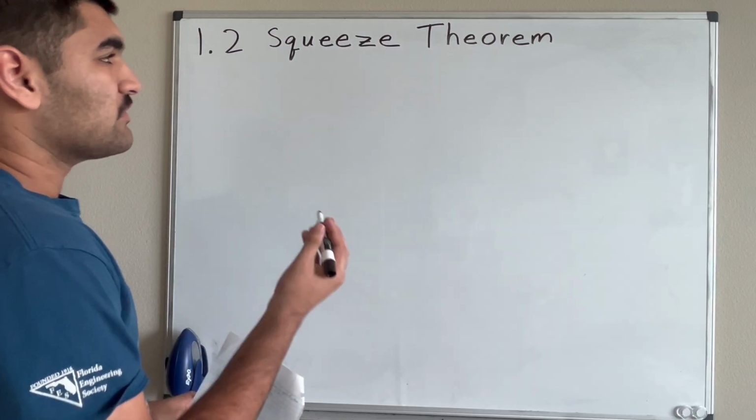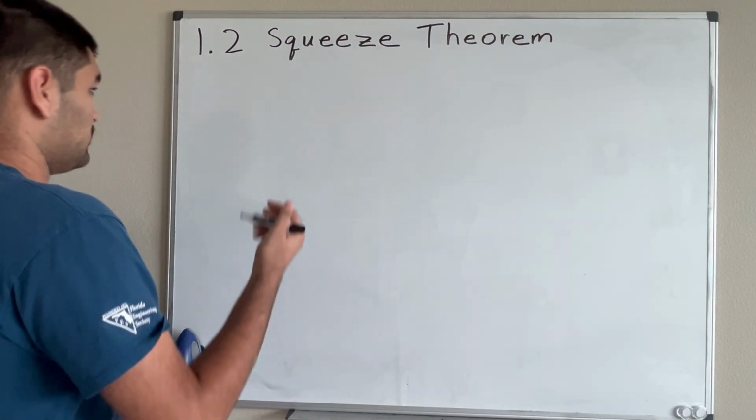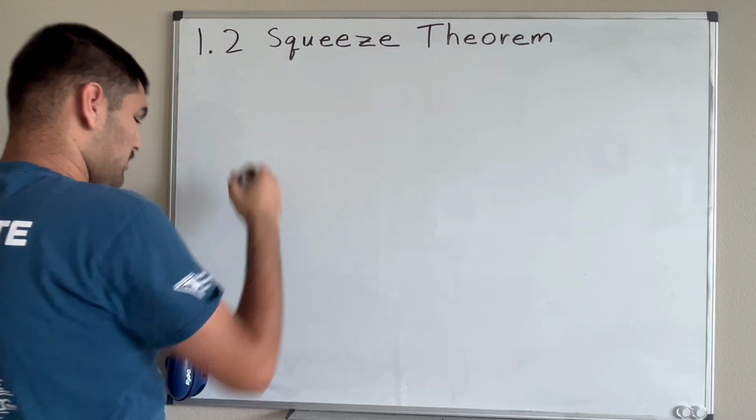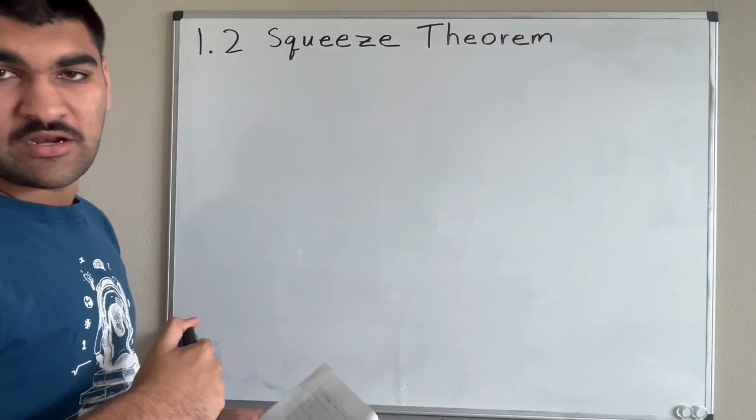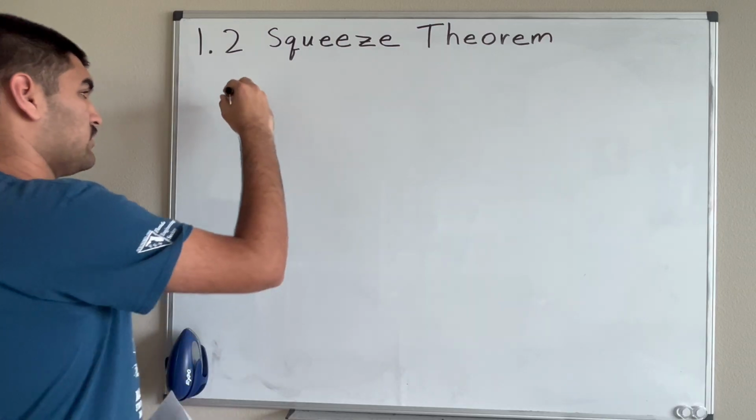So, the topic of this video is the squeeze theorem. So, what is the squeeze theorem? Basically, I will just write what the squeeze theorem says first, and then we will discuss it in more depth.